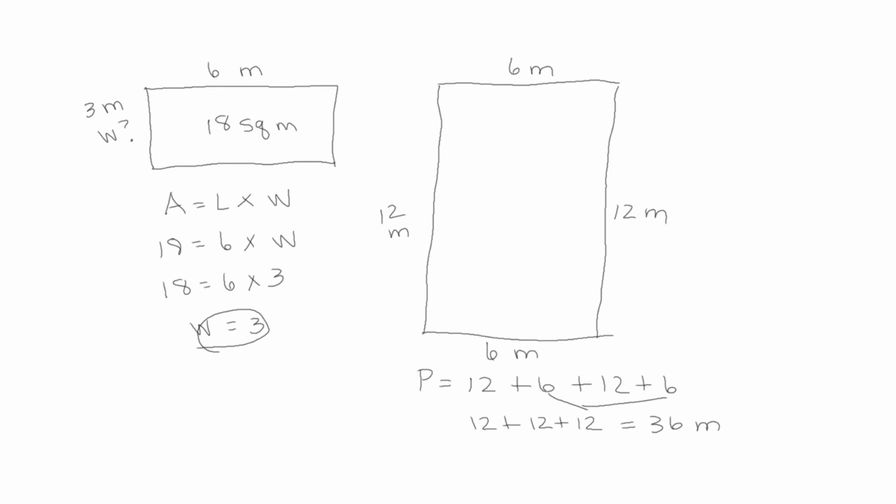Let's try another one. Okay. Sherry has a garden. A rectangular garden. And we know the area of her garden is 8 square meters, and the length is 4 meters.